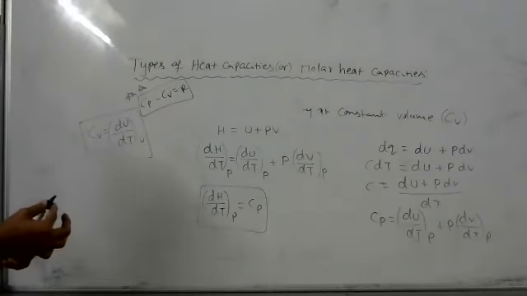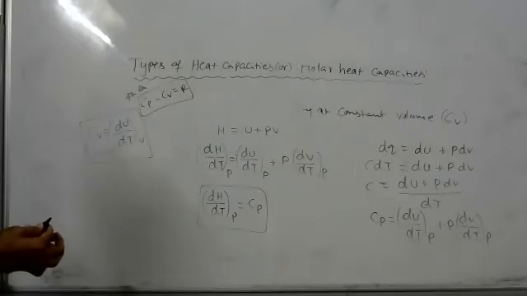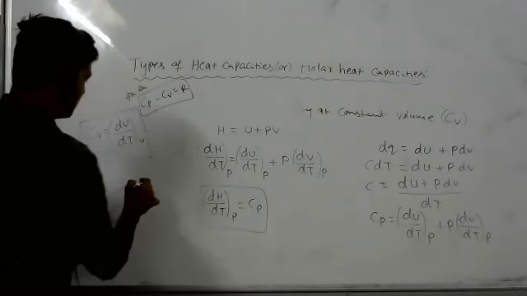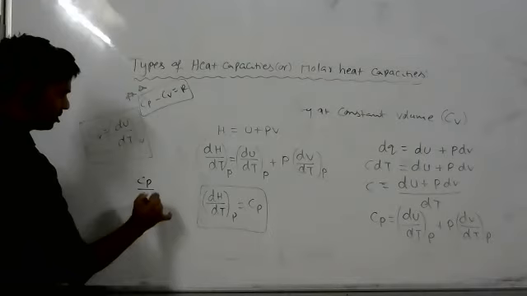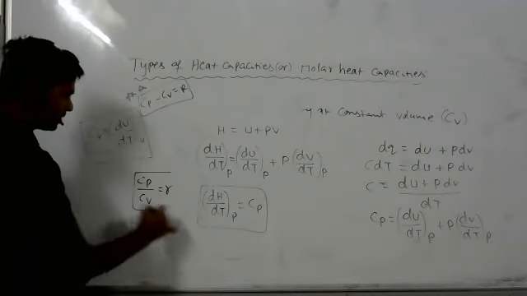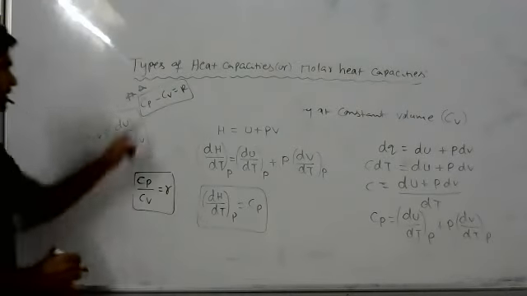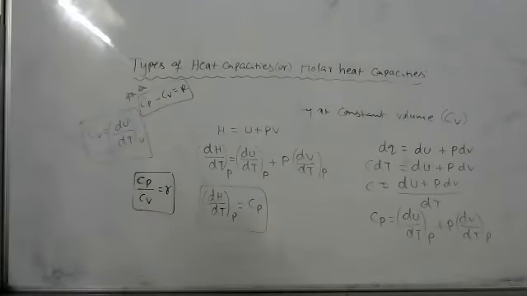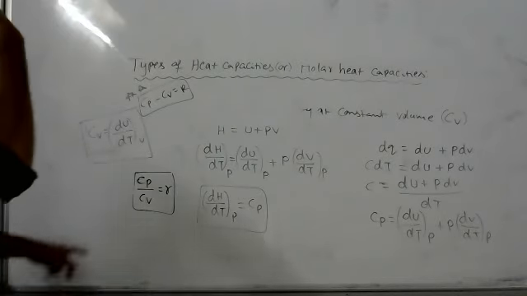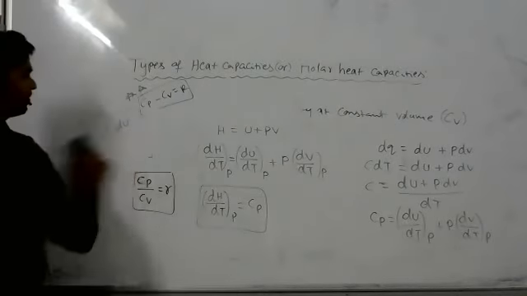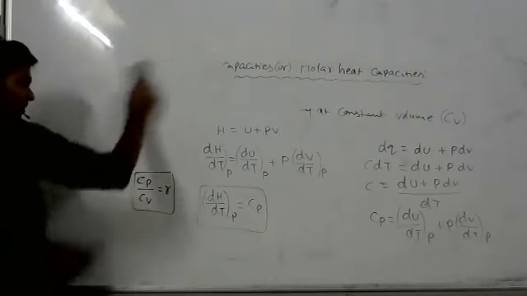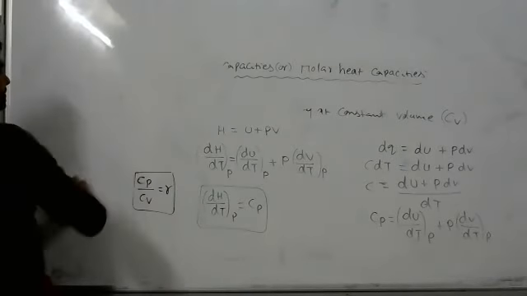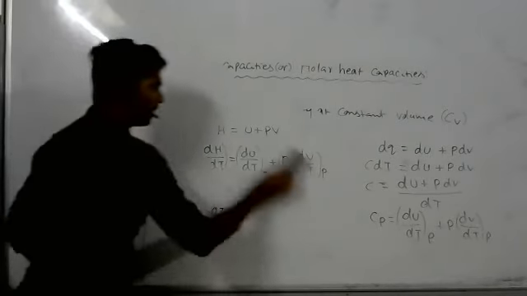Is there a derivation of Cp by Cv is equal to gamma? No, sir. We just have Cp minus Cv equals R, capital R. Okay, it's fine. This is not there. Maybe it is only given at an advanced level. No need. I think it will come in physics thermodynamics, Cp by Cv is equal to gamma.